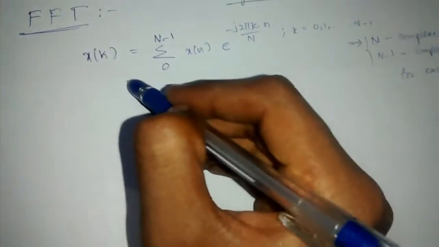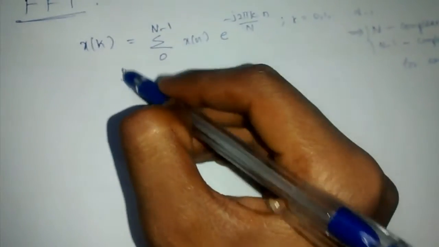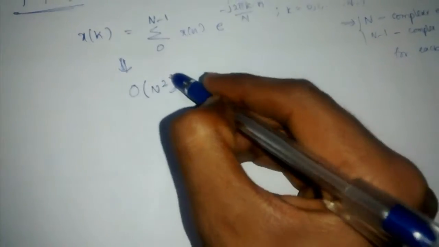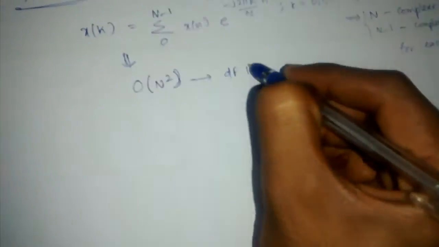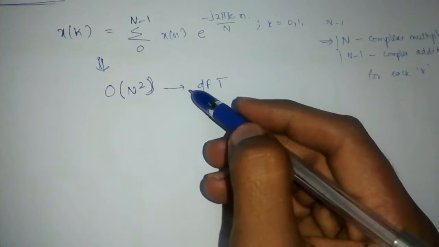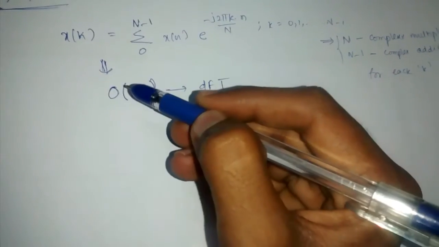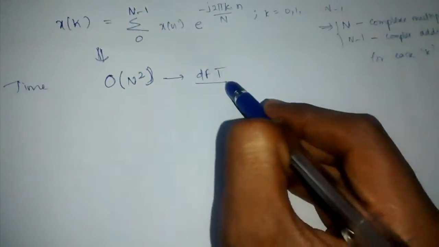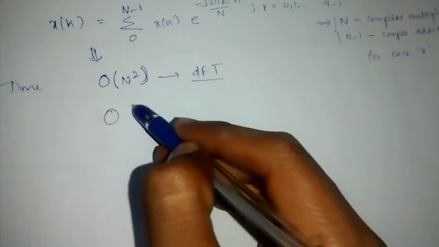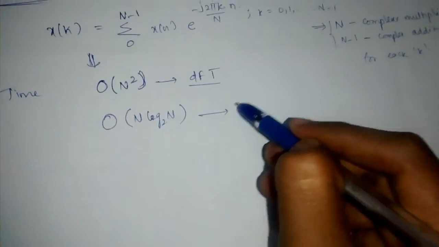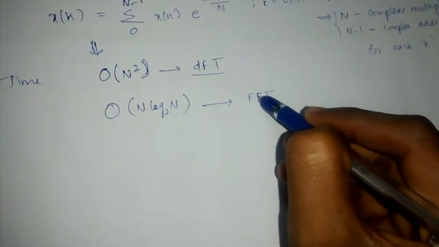So why we need to go for FFT is that for DFT to solve a problem it takes big O of N square time. As we have already discussed in data structures, what is big O notation, what is big theta notation. This is the time complexity of a discrete Fourier transform, whereas O of N log N is the time complexity of FFT.